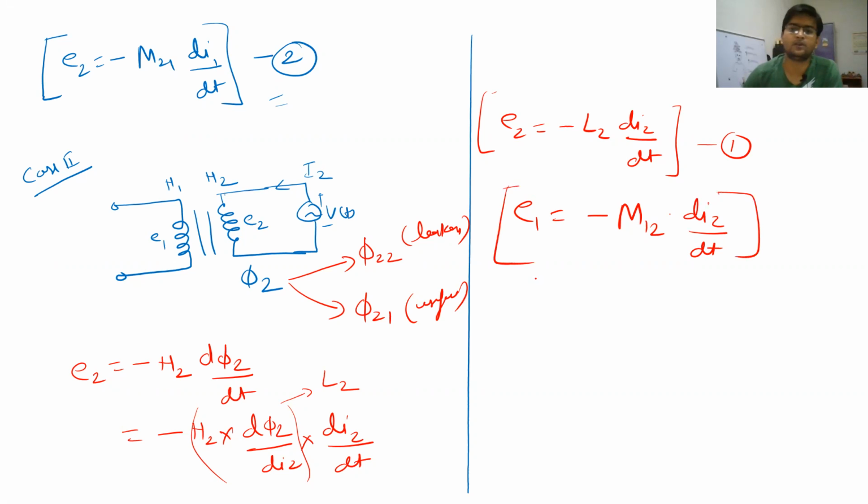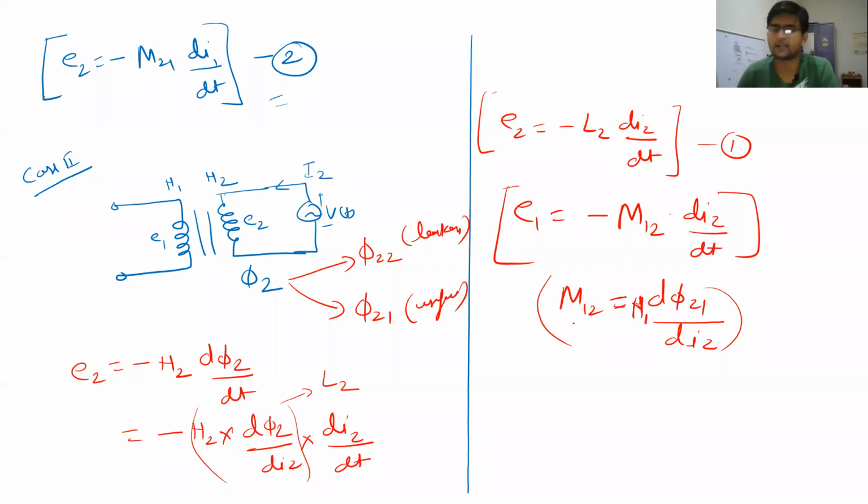So here you can say that this M12 value is nothing but d phi 21 divided by di2 multiplied by N1. So M12 is the mutual inductance in the primary coil due to the flux coming from the secondary coil. So this you can call your equation number 2.